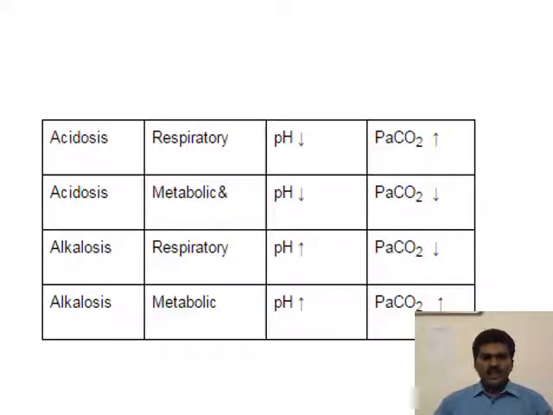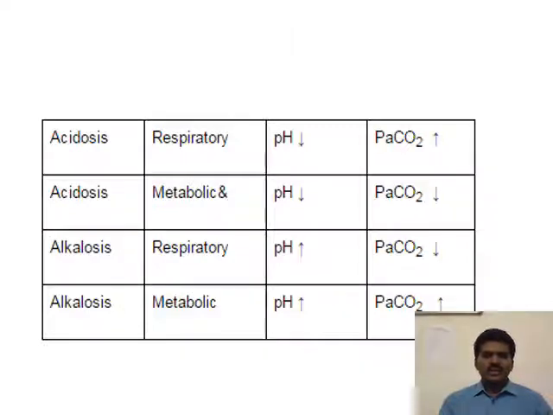Let's see how this happens. If you check in respiratory acidosis, the pH is decreased, PaCO2 is increased. So they're changing in opposite directions. Metabolic acidosis: pH is decreased, PaCO2 is also decreased. So they change in the same direction.